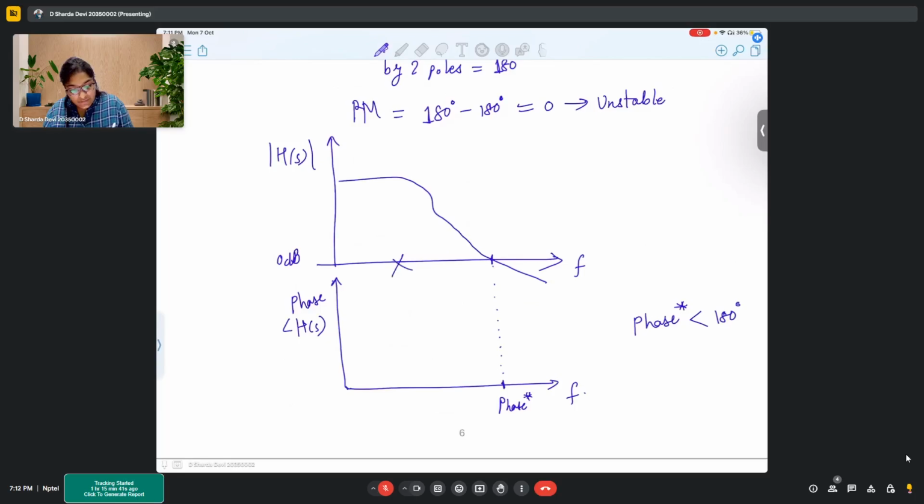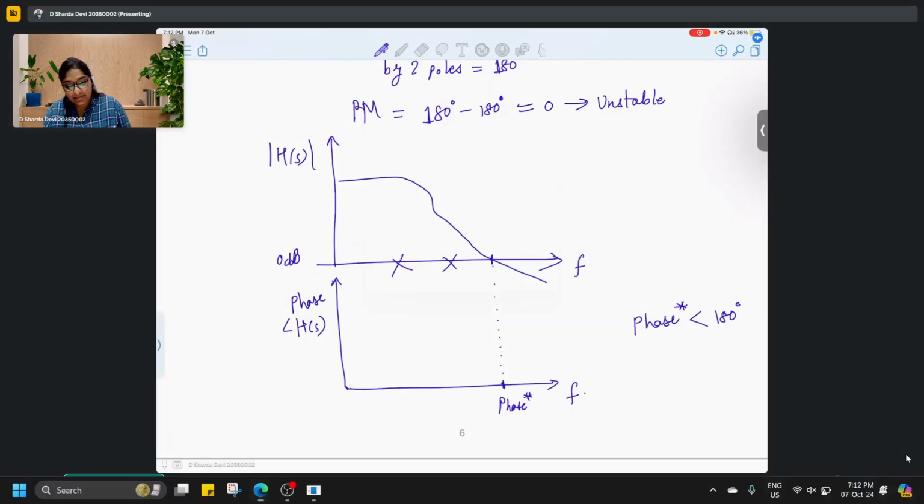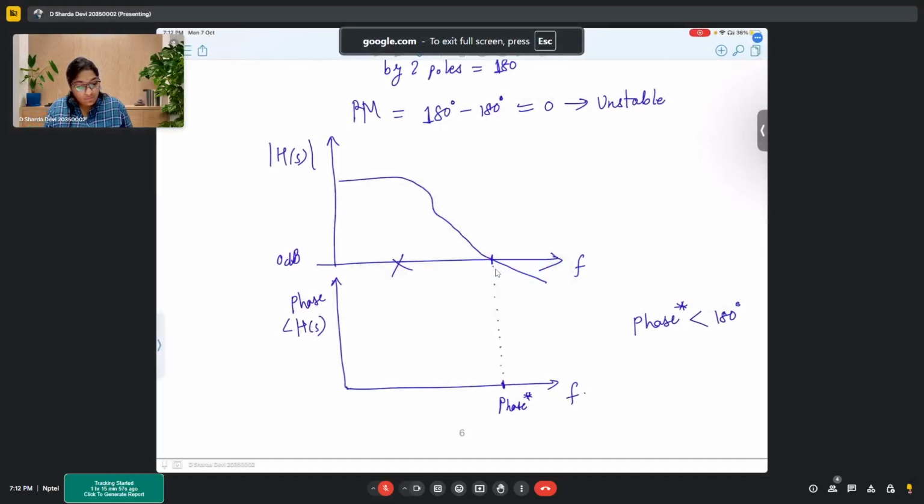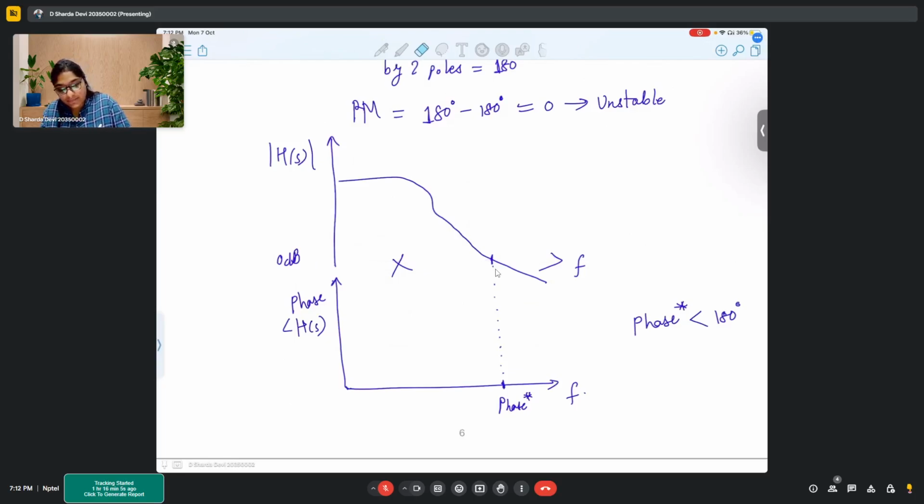So that's why now see if your poles lie before this 0 dB. Like if both the poles lie here, then definitely at this point your phase would be more than 180 degrees. Correct? But now, when one pole lies here, another pole lies after your 0 dB point, that makes your system a single pole system, right?